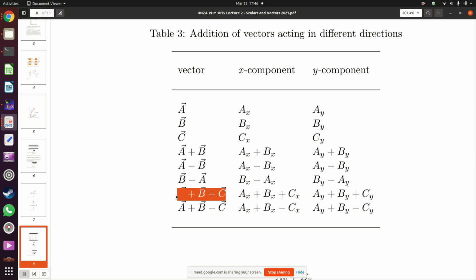I want to find out how much is a plus b plus c along the x-axis, and that is going to be ax plus bx plus cx. Then again, I want to find out how much is a plus b plus c along the y-axis. That is going to be ay plus by plus cy.